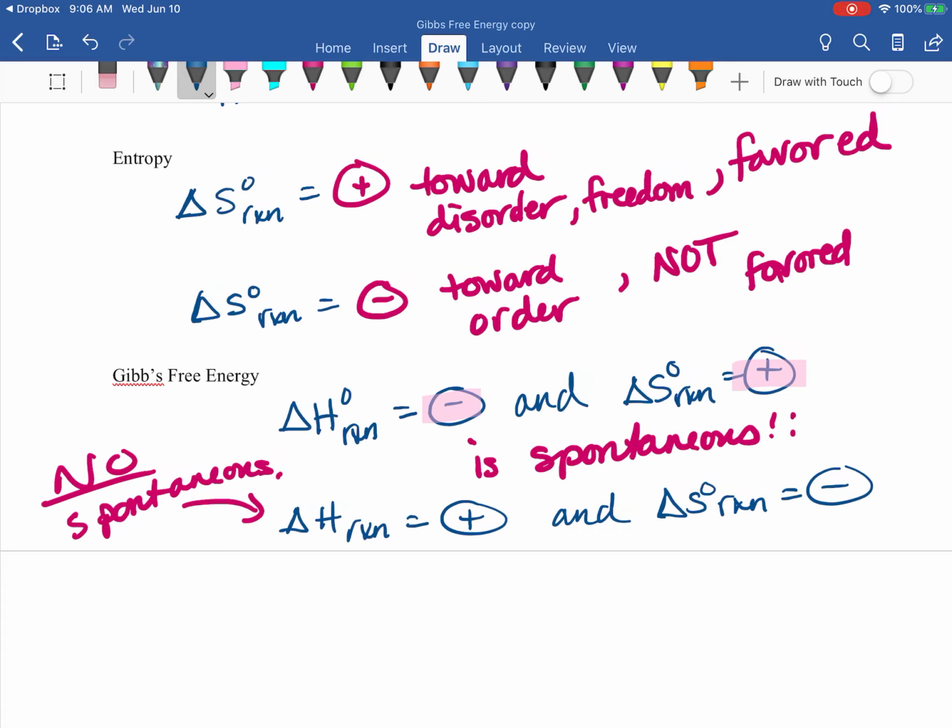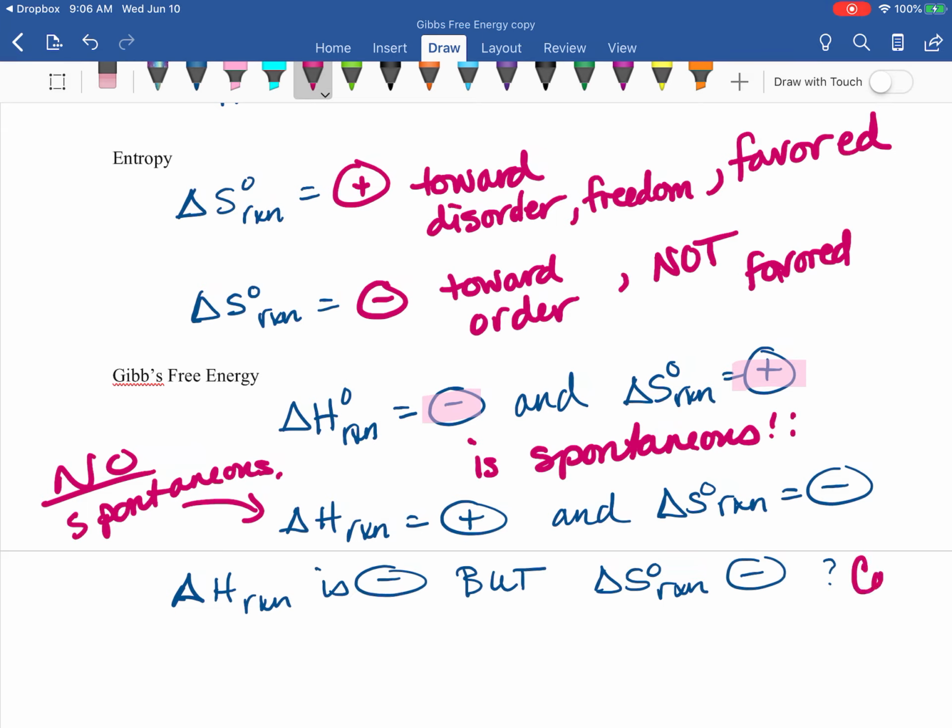All right, so what if your delta H is negative, but your delta S is also negative? Well, now we're going to have to calculate. All right, what about the other one?